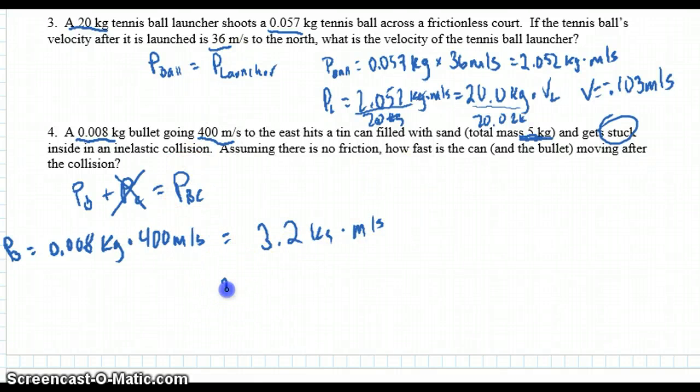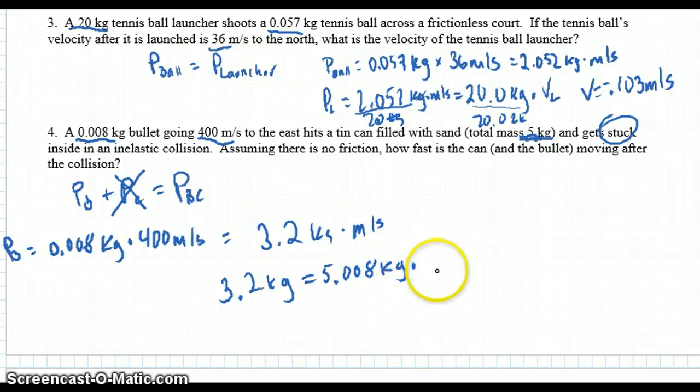So we set this equal to the mass of the bullet can combo. So that is 5 kilograms plus 8 grams, 0.008 kilograms, gives us 5.008 kilograms times the velocity of our combined object.